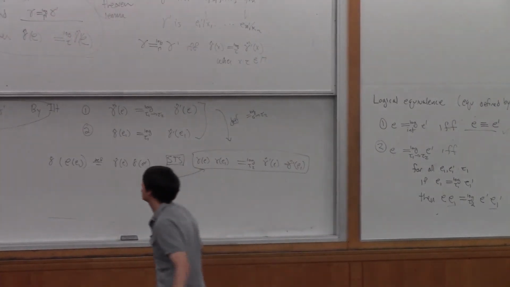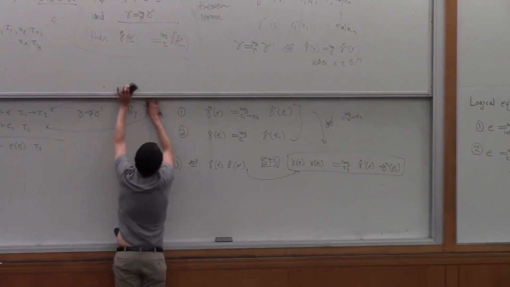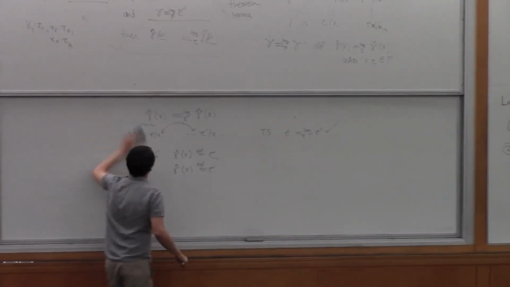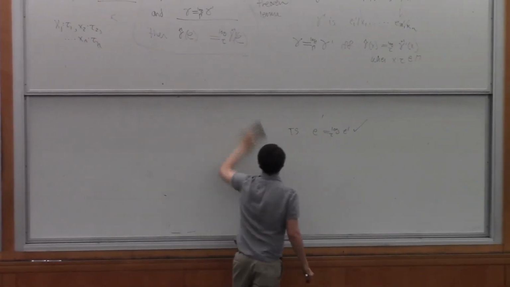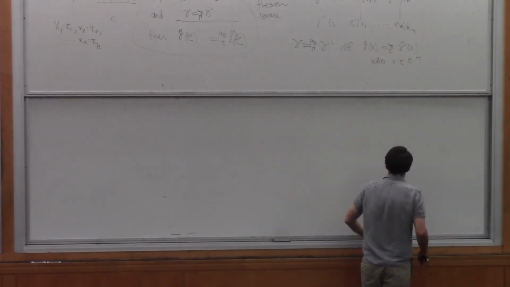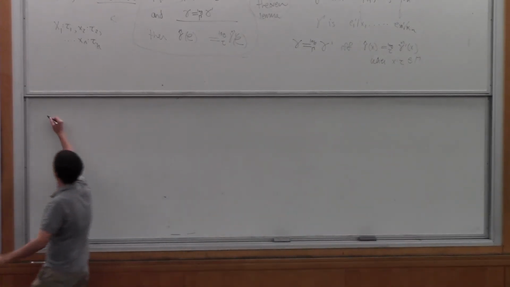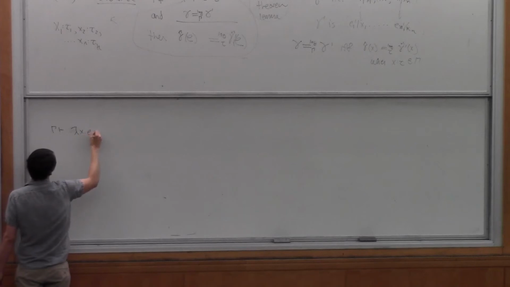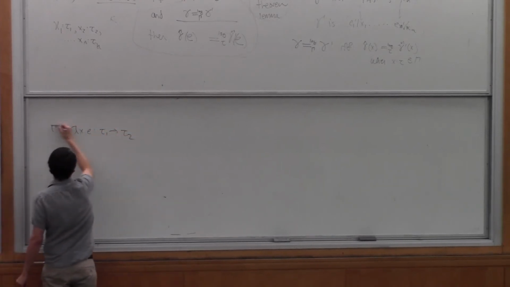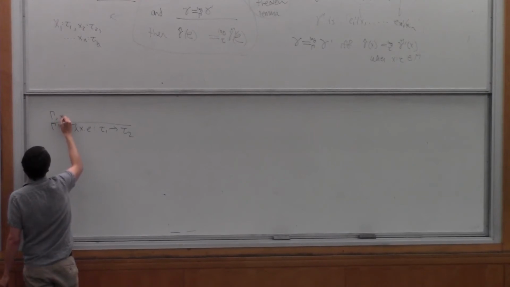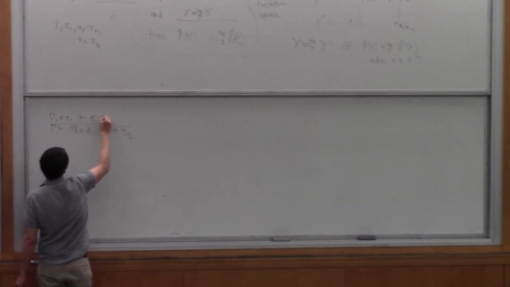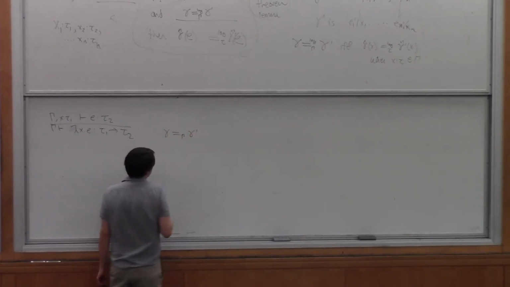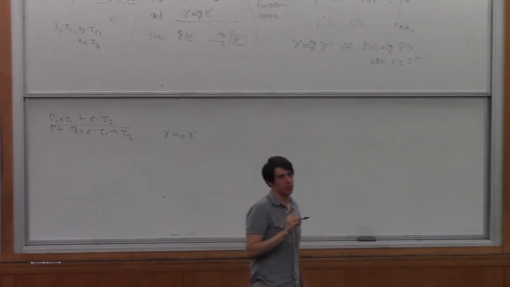So all we have left is, well, the cases for numerals and addition, which I'll let you do in the hands-on session as an exercise, and one more case, which is the case for functions themselves. So suppose I have lambda x dot e has type tau1 arrow tau2 because lambda x colon tau1 proves e colon tau2, and I have gamma being related to gamma prime substitutions for gamma.